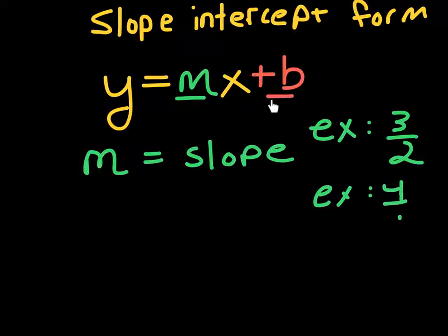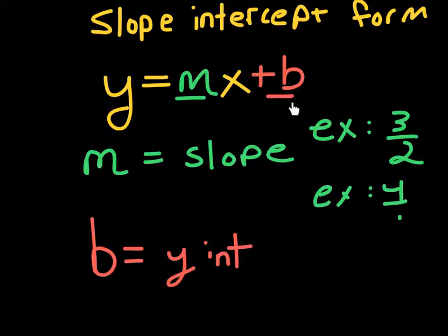The b, what I have in red, the b is the y-intercept of this line. Again, that tells us where this line is going to cross the y-axis. So we can look at this part right here and we can tell where this line is going to cross the y-axis.